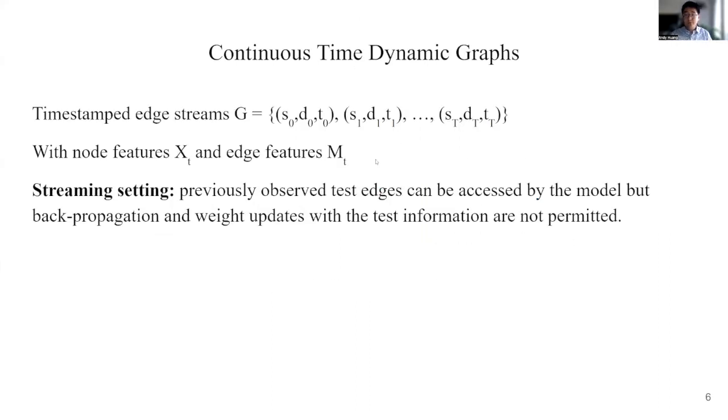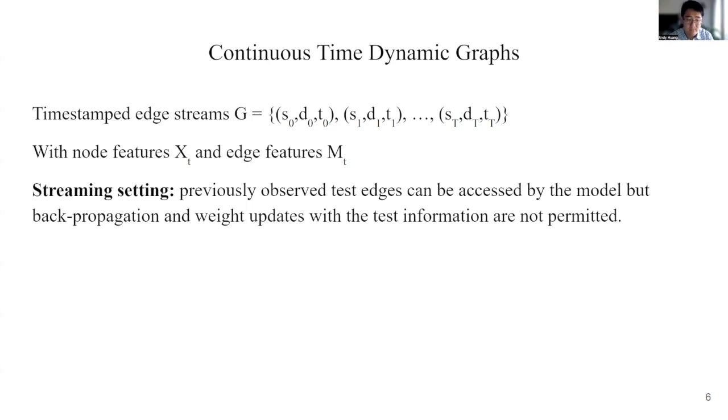So to quickly define some notation, here we are dealing with continuous time dynamic graphs, which are represented as a timestamped edge stream, where the temporal graph G is defined as basically a sequence of edges, each with a timestamp. It can also contain node features and edge features, which some of the datasets in the benchmark actually contain.